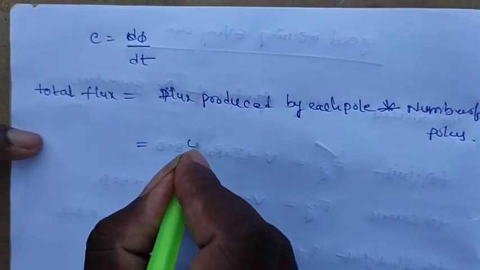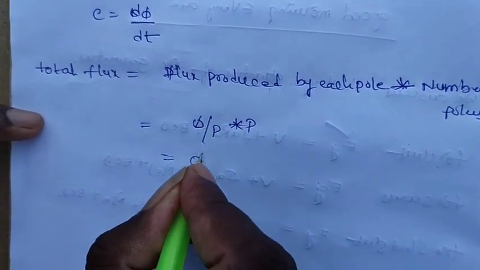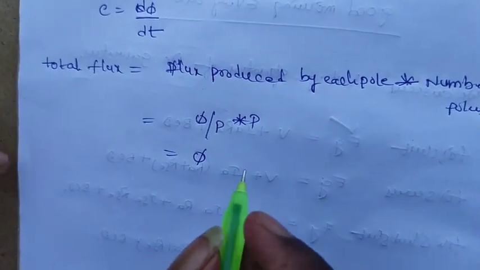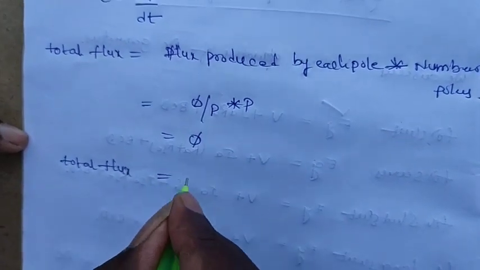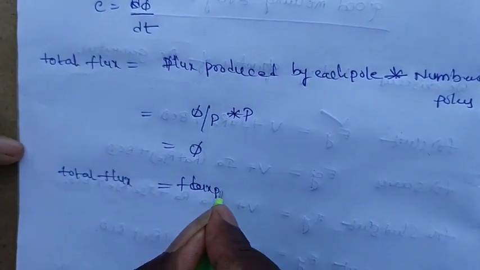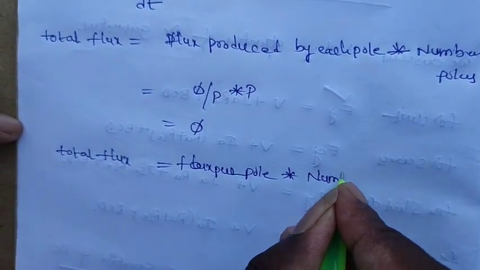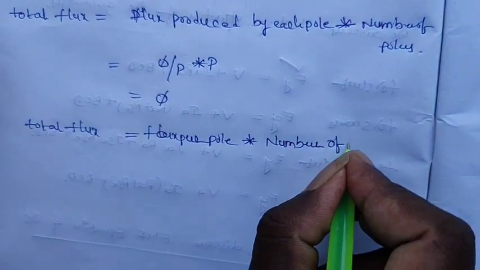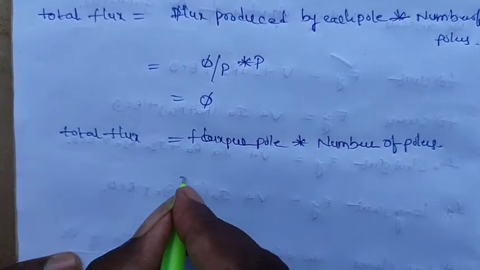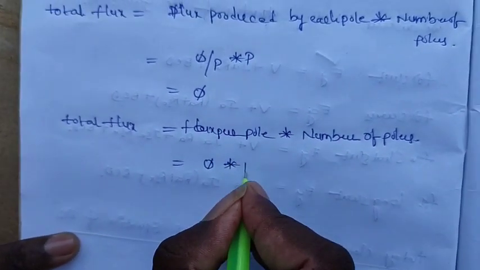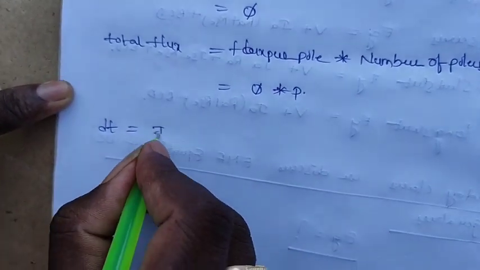That means, for example, flux produced by each pole is φ, multiplied with P, we get φP. So the total flux is flux per pole into number of poles, that is φ into P.